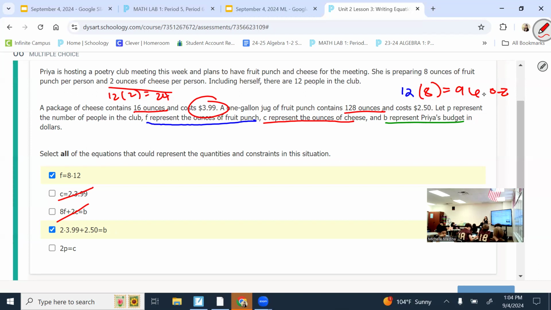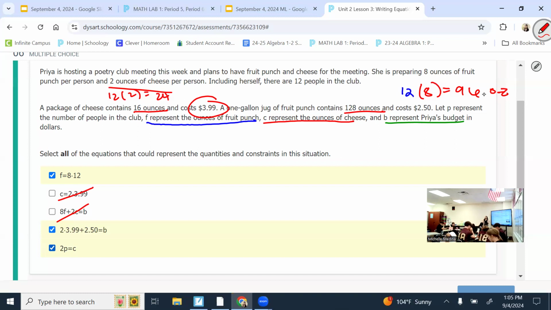Okay, I'm seeing some head shakes, no. Remember, we said we want each person to have 2 ounces of cheese. So doing 2 times my number of people, which was 12 right now, they're showing it as a variable, 2 times my number of people does give me the ounces of cheese I need, we did that earlier. So that would represent it.